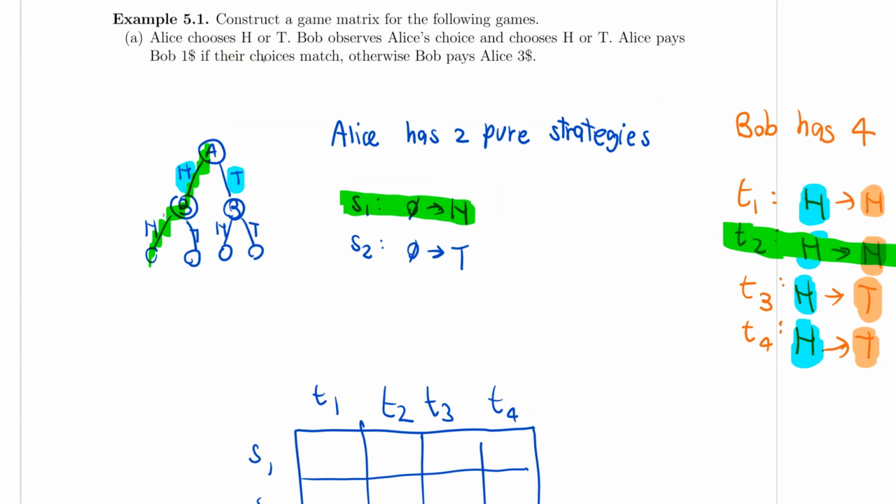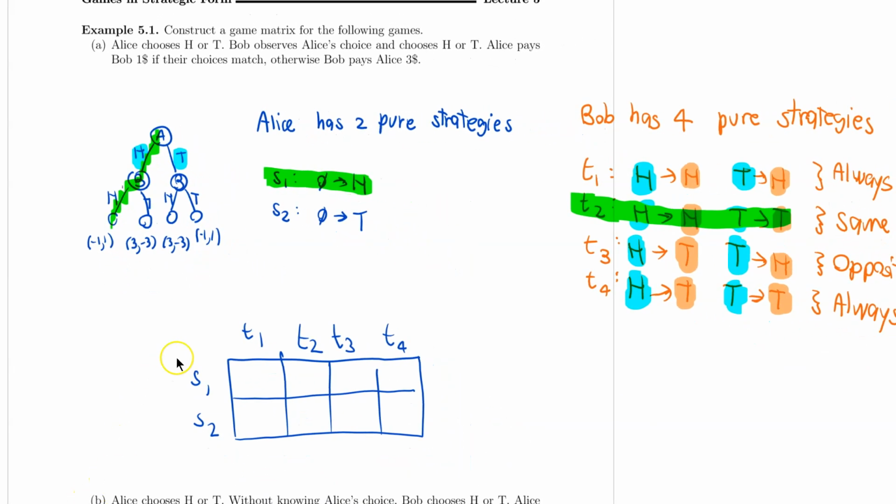So in the first outcome, Alice will lose $1 and Bob gains 1, and if their choices don't match, then Bob pays Alice $3. So it's going to be 3, negative 3, 3, negative 3, and then negative 1 and 1 here. If Alice plays S1 and Bob plays T2, then the outcome of the game is negative 1, 1. So the entry in my first row and second column is negative 1, 1.